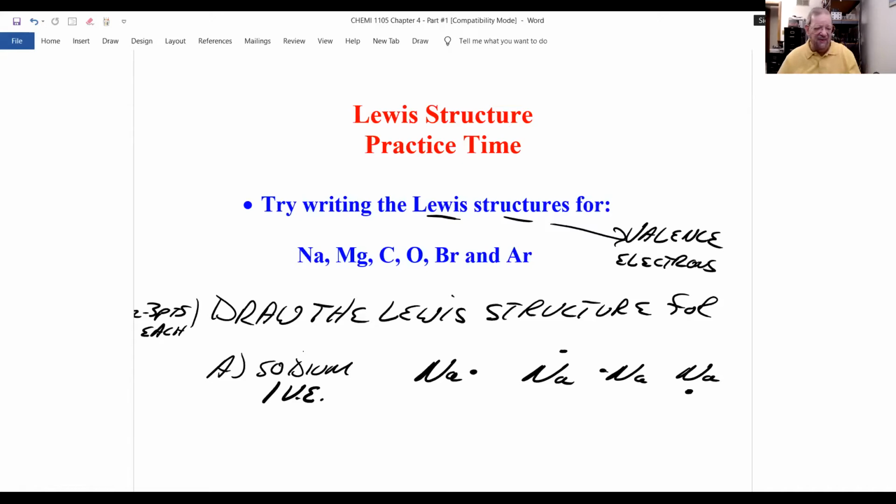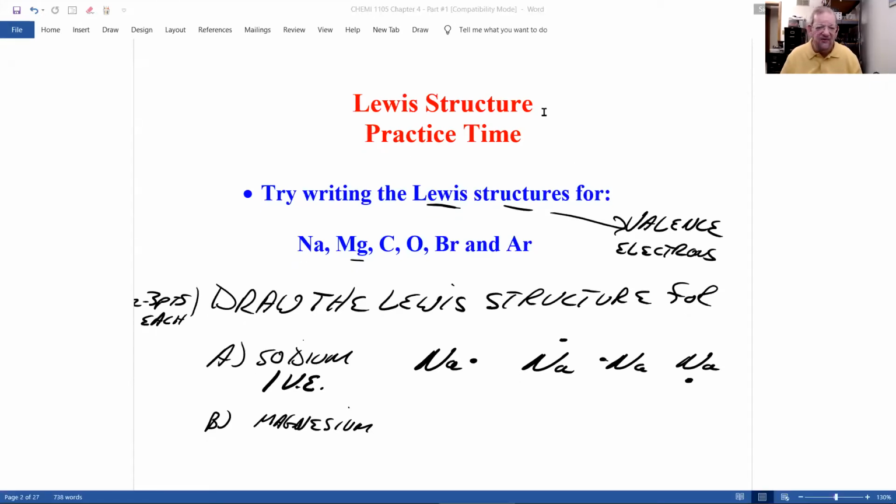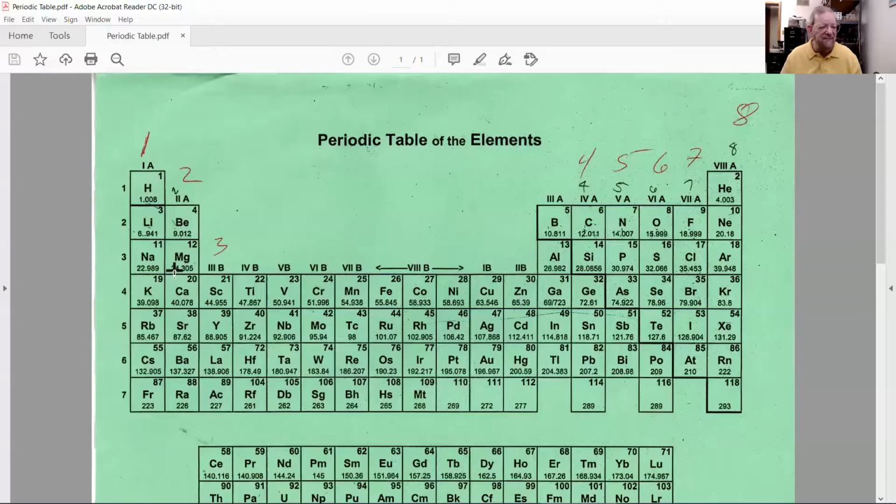Now, let's do magnesium. The first thing is how many valence electrons. If we go to our periodic table, I'm going to let you find out first how many valence electrons magnesium has.